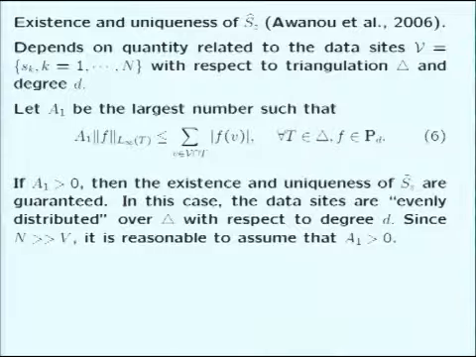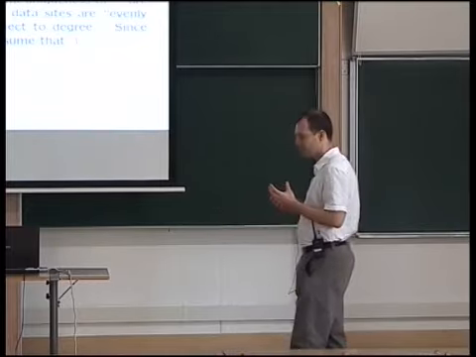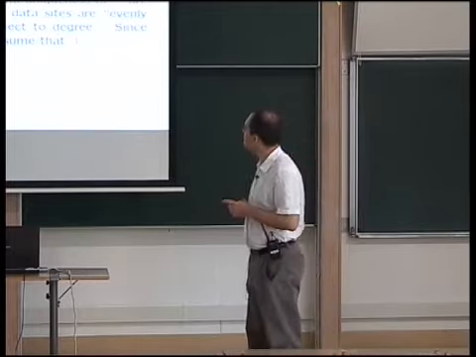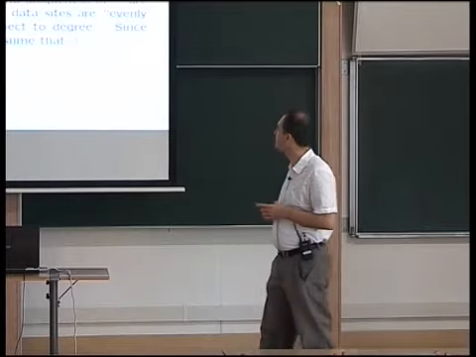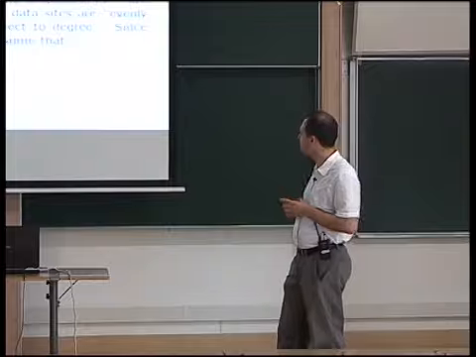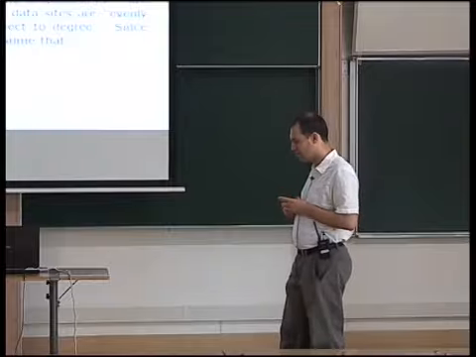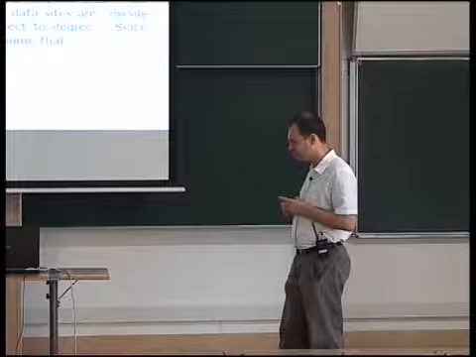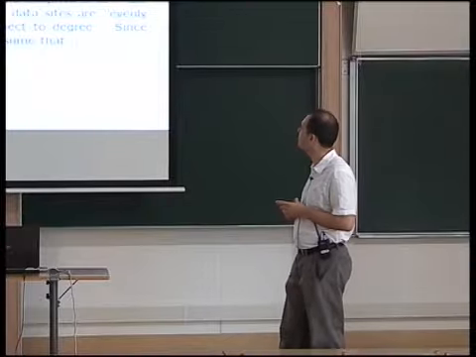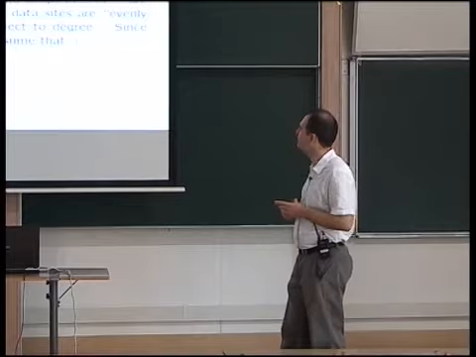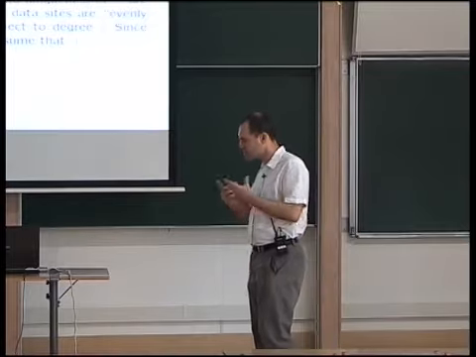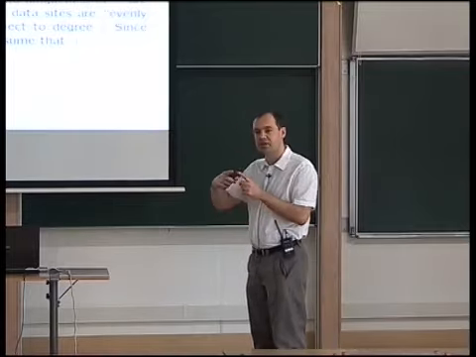It depends on several quantities. So I won't go into too many details, but the quantities A1 and A2 that I will introduce are related to the spread of the points, or the location of the measurement locations, relative to the triangulation itself.